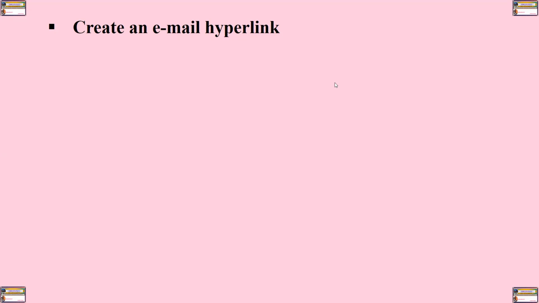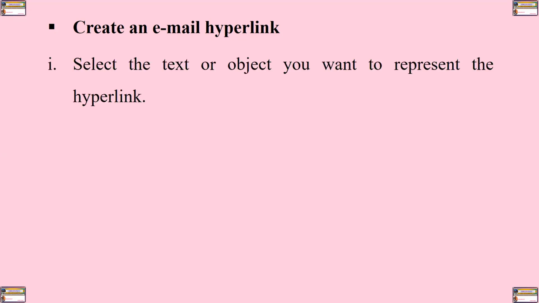We can also create an email hyperlink. So to create an email hyperlink that, for example, somebody can click and be taken to an email to write a message, what you need to do is to ensure that you have some text in your presentation, or an object that you can use to act as a link to your email.